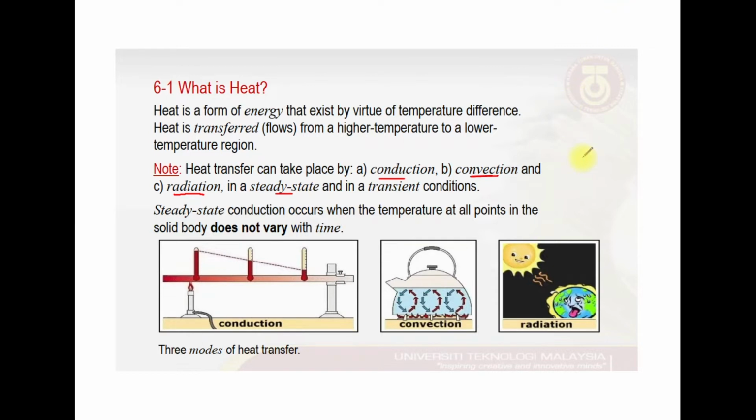For the first example, which is conduction, it can be represented by the first figure that we have here. So what is conduction? Conduction is sometimes also known as diffusion. It is a transfer of energy between objects that are in physical contact.